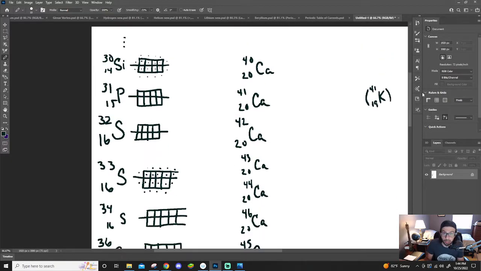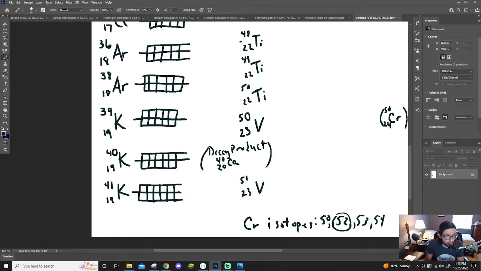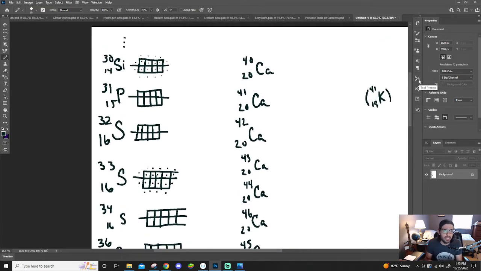Okay, now we're up to calcium 20, 40, and check this out. This structure is so stable it repeats again. Cool. And then the same thing happens, or it just adds.